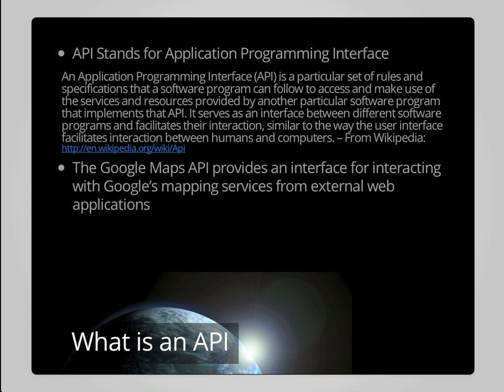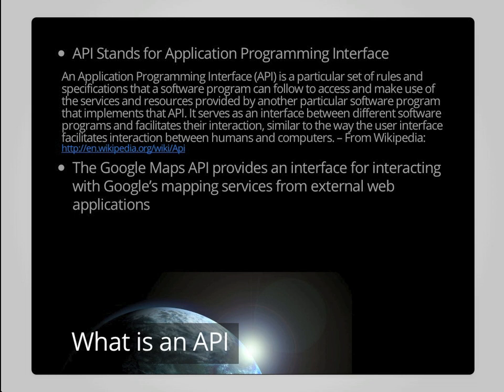So first, what is an API? API stands for Application Programming Interface, and you can see here a definition that has been taken out of Wikipedia. But an API boils down to an interface that is published by an application or programming language that allows for other programs to communicate with that programming interface.